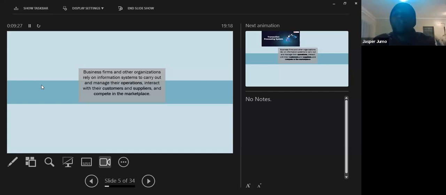So having this knowledge that a company can only manage information through information systems, it does not mean that the company must have one information system to manage all the information within the company. Normally, companies will say this department has its own information system software, and this other department has its own.